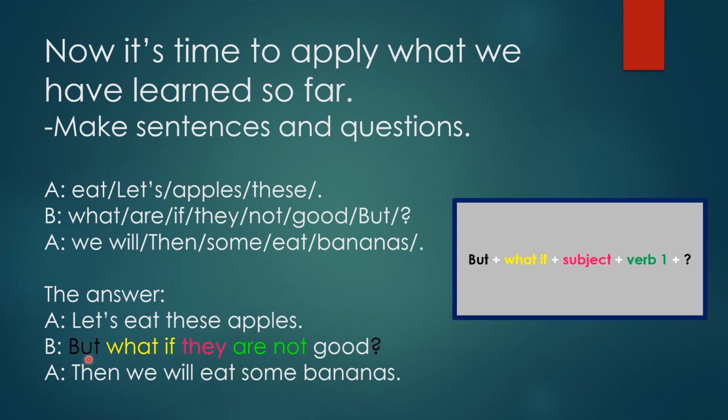He supposed something here, and B answered with something else. B is being suspicious here. He's asking whether the apples are good or not. He doesn't know, and A as well doesn't know, but they are suspicious about it. They are not sure if they are good or not. But they can't take the risk because it's dangerous to eat bad apples.